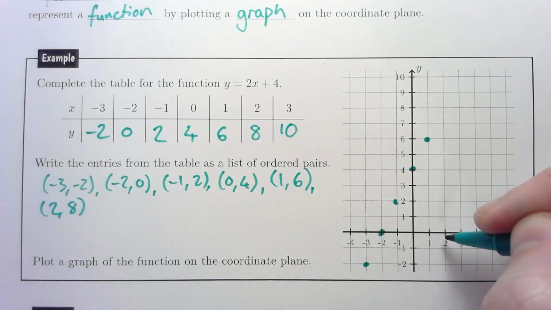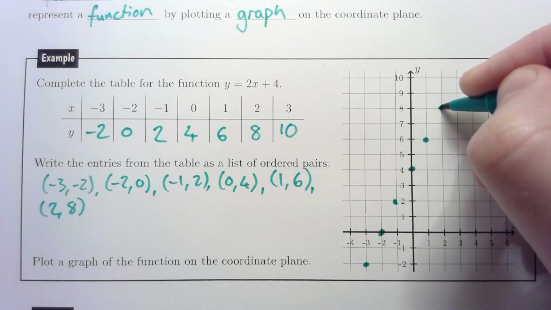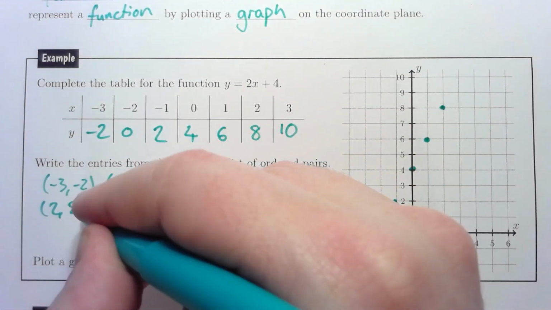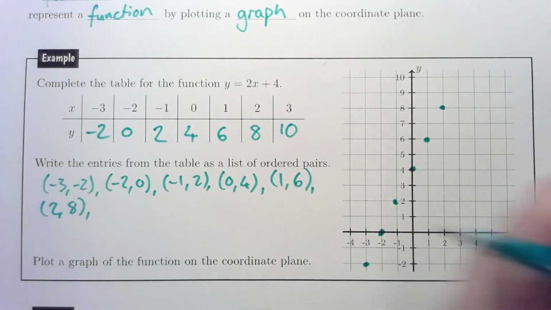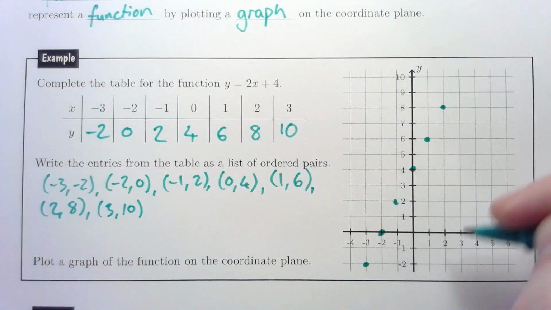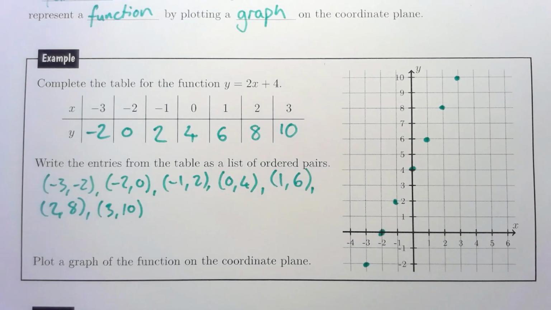So 2 across to the right and 8 up. And finally, we have 3, 10. So that would be 3, 10.